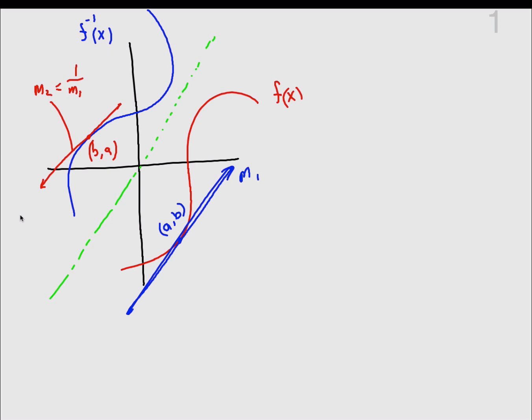So looking at that picture, in the original problem when I asked you for f inverse prime of 3, I was wondering what is the slope of the tangent line to the inverse at the point 3. So my suggestion to do the problem is not to find this, but to find this.